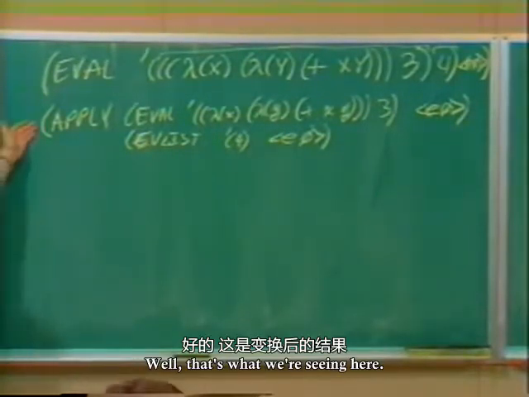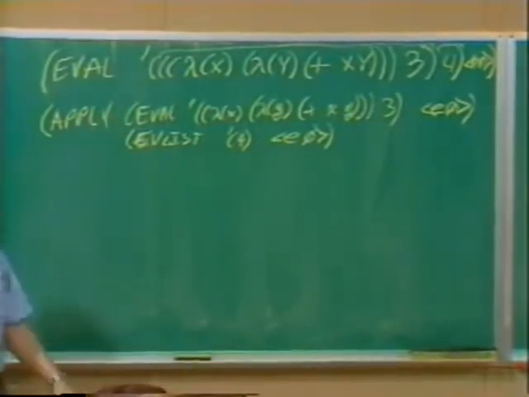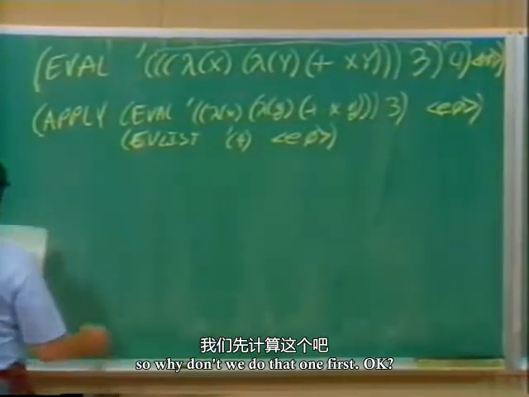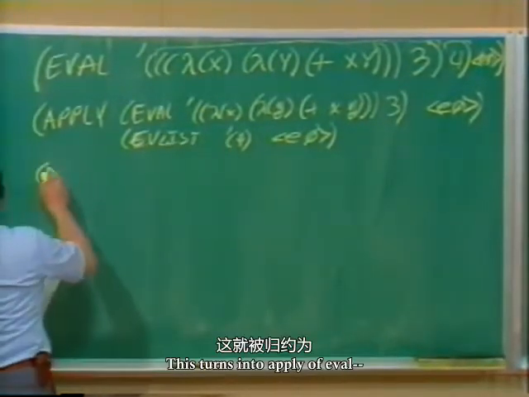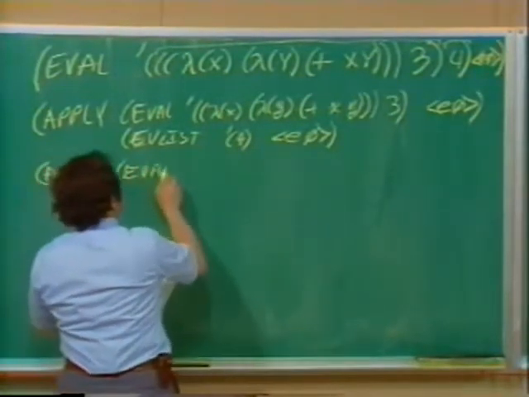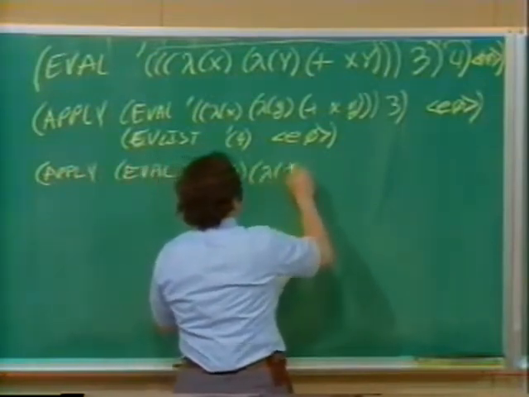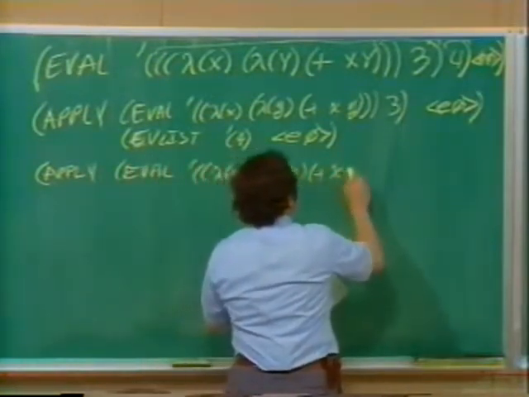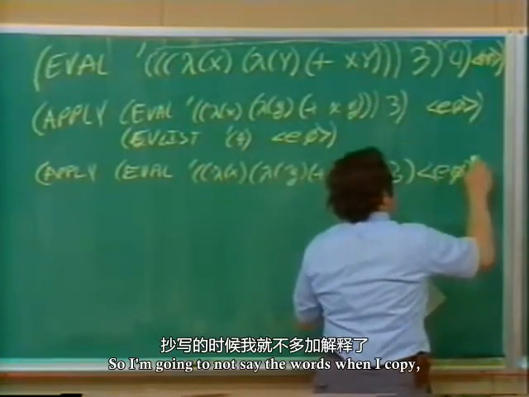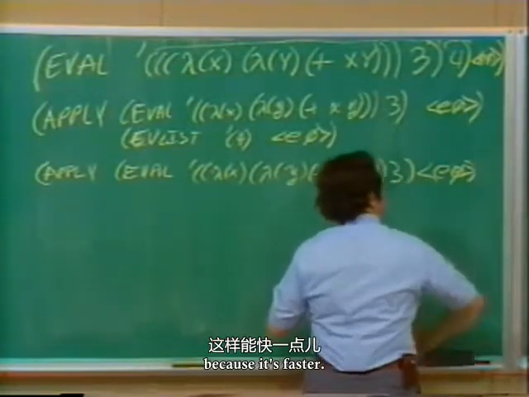Well, so that's what we're seeing here. In order to do this, I have to do this and I have to do that. Well, this one's easy, so why don't we do that one first? Okay? This turns into apply of eval, just copying something now. Most of the substitution rule is copying. So I'm not going to say the words when I copy, because it's faster.